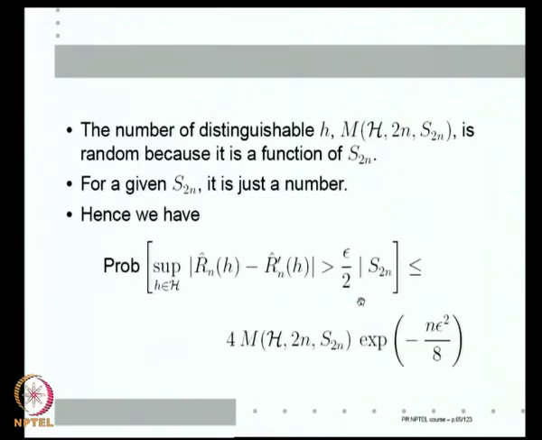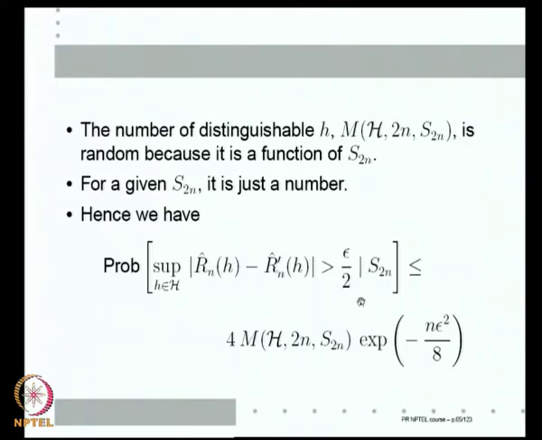What it means is, if I consider a particular 2n sample, then it is a given number. For any given particular sample of 2n, it is a specific number, but a sample of 2n examples is a random variable, a random vector, and hence this number is also random. Meaning, if I condition my probabilities on a specific sample of 2n, then I can use this number.